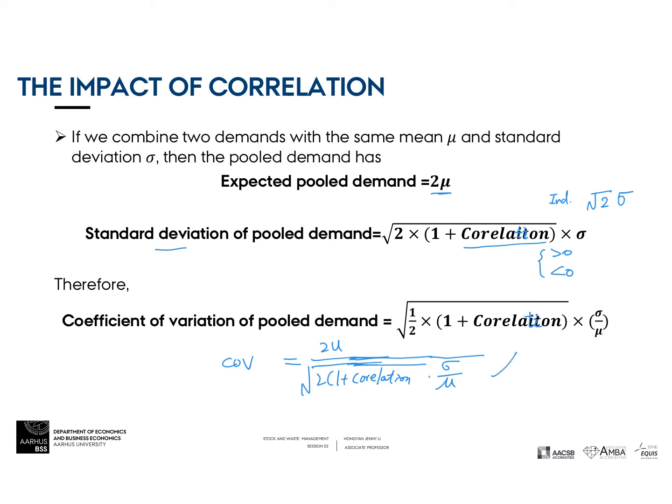So if you rearrange this COV, you get the new result, times sigma over mu. Then we can see the result definitely depends on how the demands are correlated: negatively correlated or positively correlated. There are actually serious typos here, so correlation is misspelled. We should be more careful with proofreading.